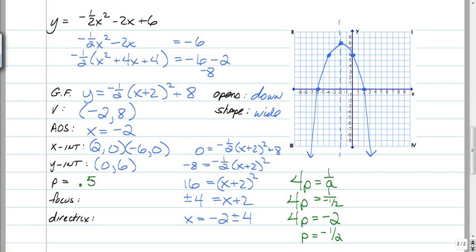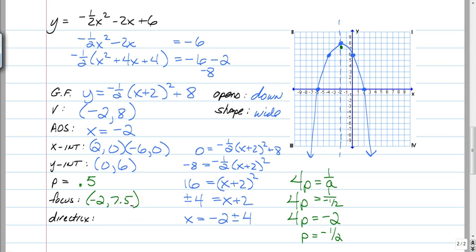Our c was always positive. The distance from the vertex. So your focus is 0.5 away from your vertex, and just like an ellipse and a hyperbola, it's inside the graph. So it goes down by 0.5. So your focus is still negative 2 comma, but it's 8 minus 0.5 since you're going down, so 7.5.